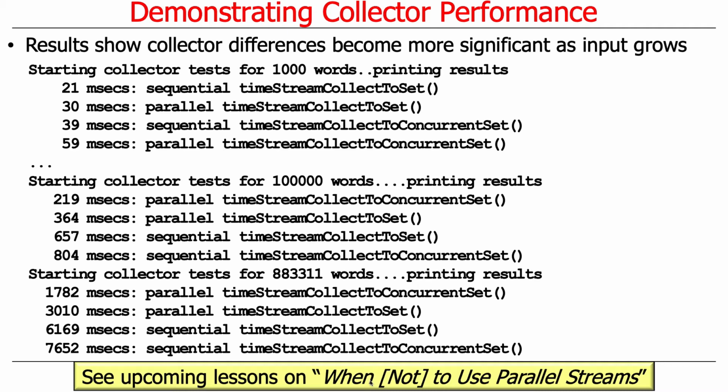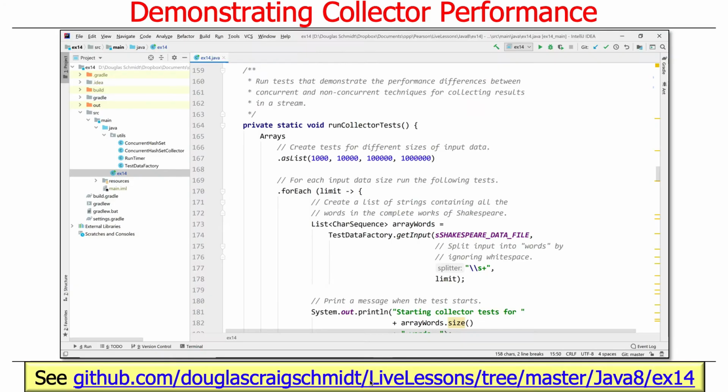That's because the concurrent collector is merging everything into a single data structure using a concurrent hash set, which is basically a little wrapper around concurrent hash map, whereas the non-concurrent version is actually having to merge together hash sets, and that takes longer to run. We'll take a quick look at the source code to illustrate these things. It's really interesting and very instructive.